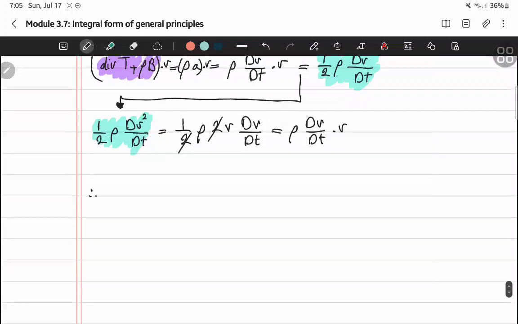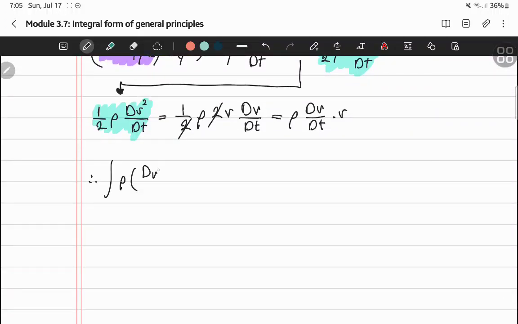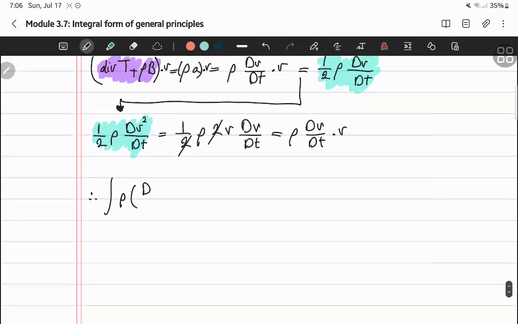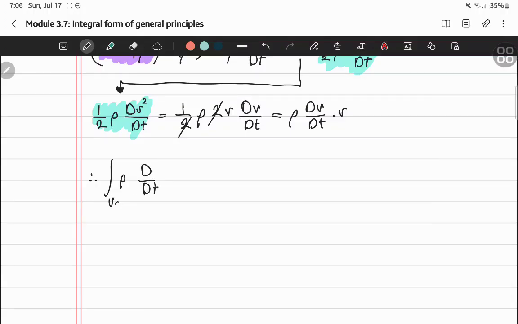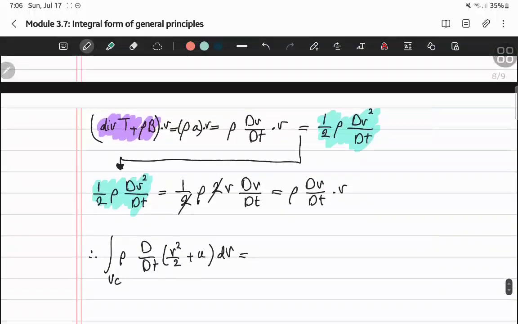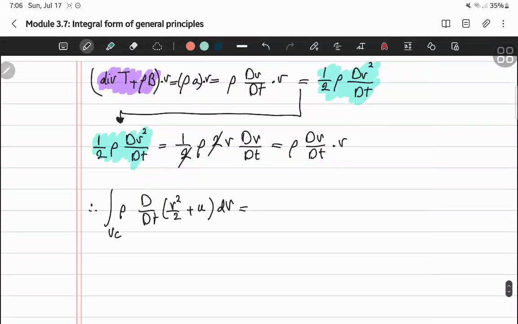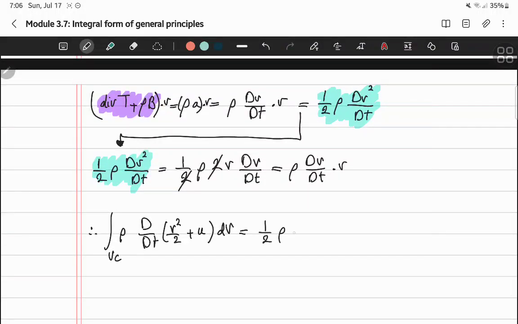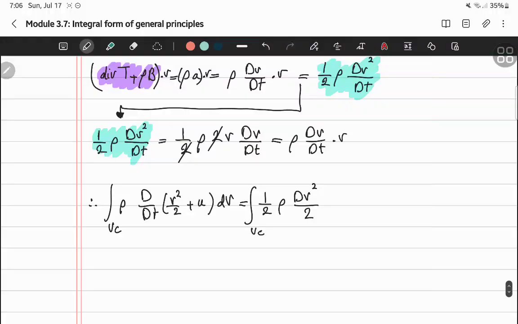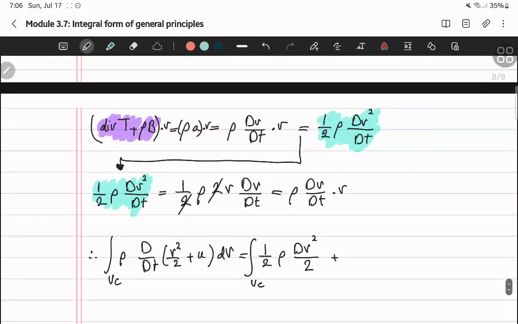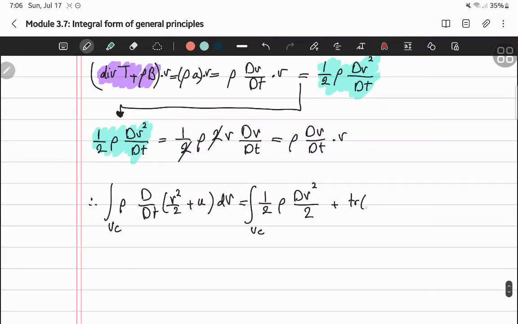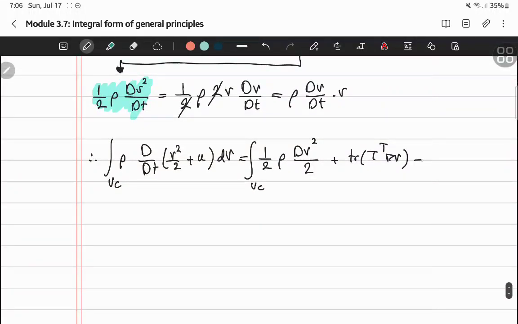So we have rho dv squared, if I'm not mistaken, let me check, d/dt over Vc of (v squared half plus u) dv is equal to, let's say, this expression, half of rho dv squared divided by 2, and it's an integral over Vc, plus the trace of T transpose del v, minus divergence of q, plus rho qs, and whole dv.